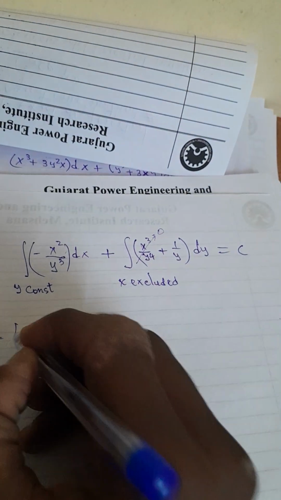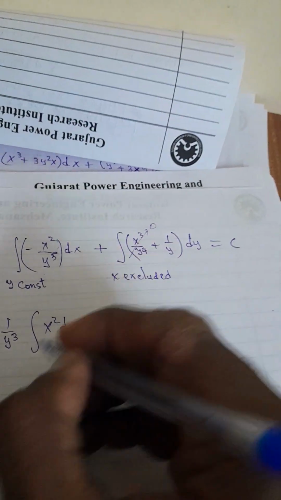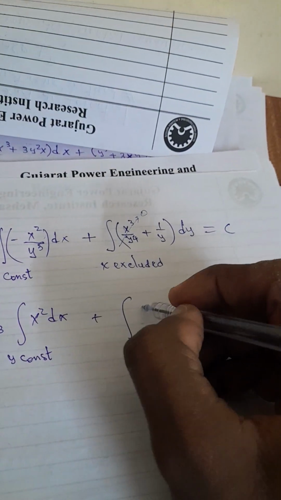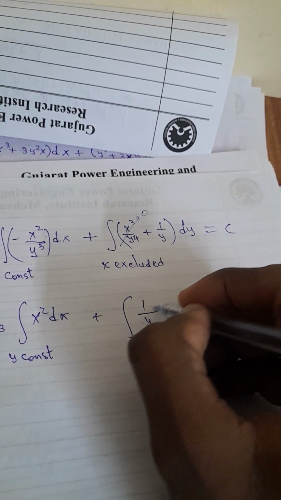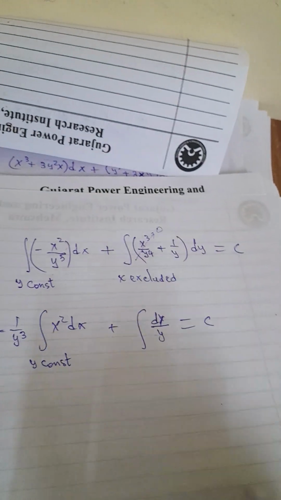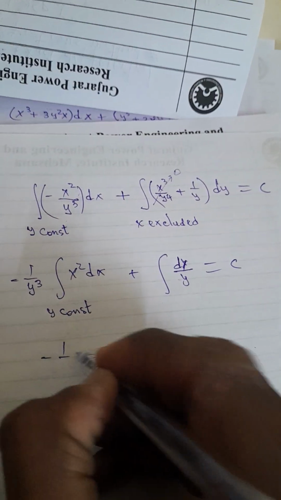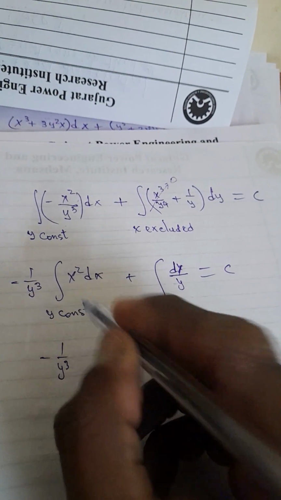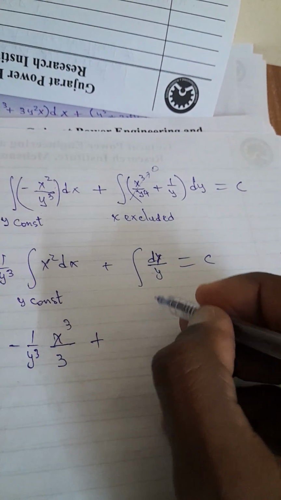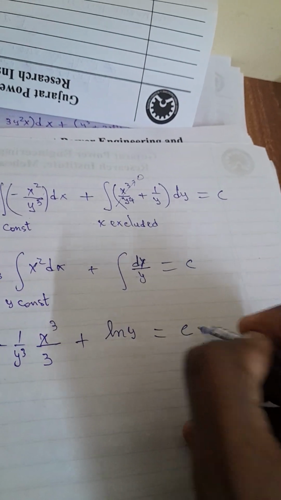This will be minus 1 upon y cubed, and here x squared dx, y constant, plus the integration of 1 upon y, which is dy upon y, equal to c. Now this integration is very easy: minus 1 upon y cubed times x cubed by 3, plus here you get ln of y, plus c.